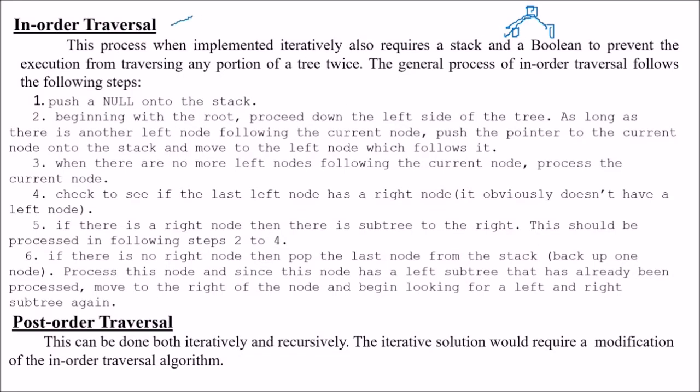This is the basic one: we take the left one, then the middle, and then the right. So only the position in which we take the root is changed. In pre-order, we first take the root, then these two. In in-order, we first take this, then the root, then this one. And in post-order, we first take these two, then the root. So this is the explanation and the algorithm.